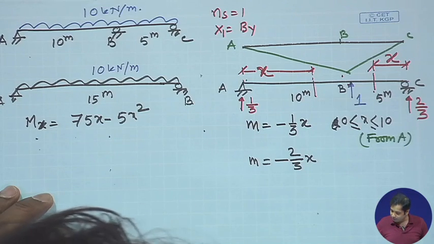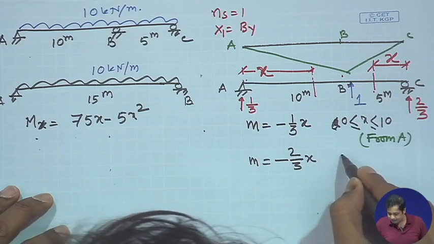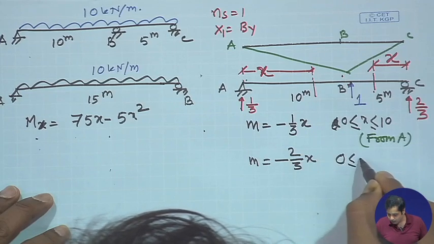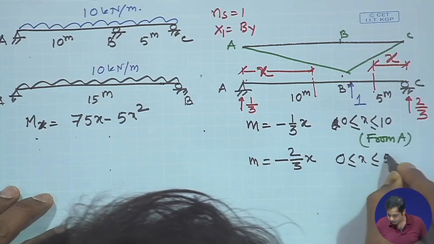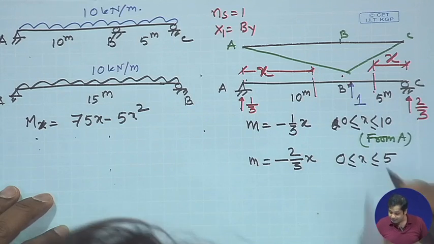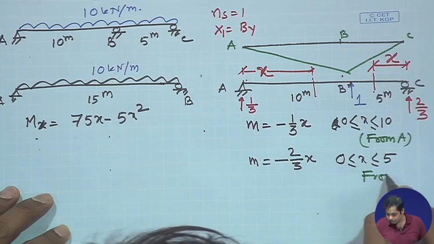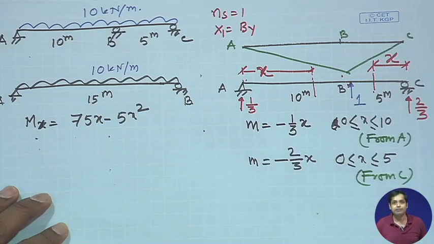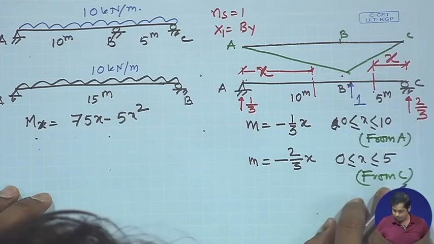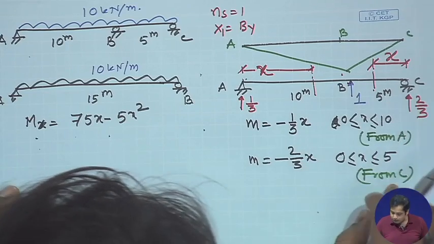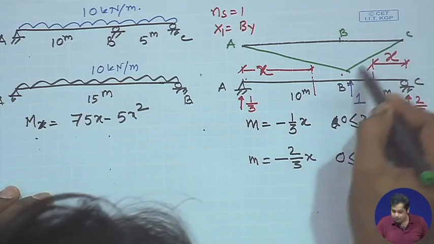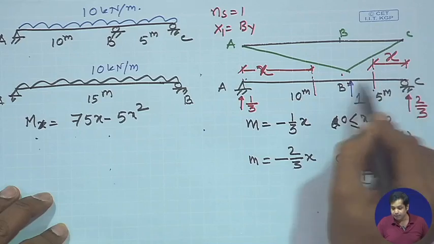Okay. And in this case, x is between 0 to 5, but this x is measured from C. Please be careful. So, this is essentially the equation of this line, but this x is measured from C.